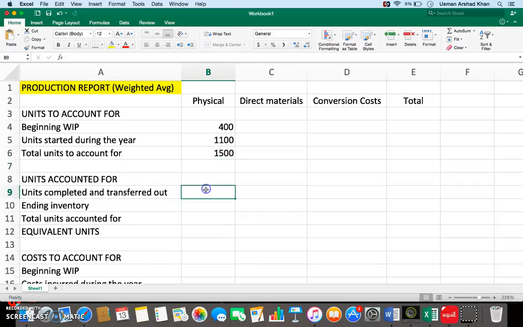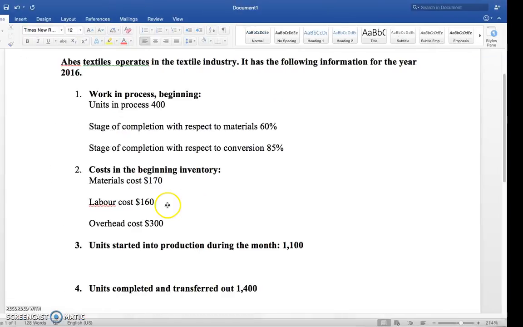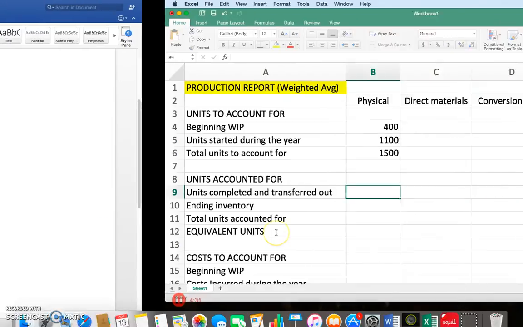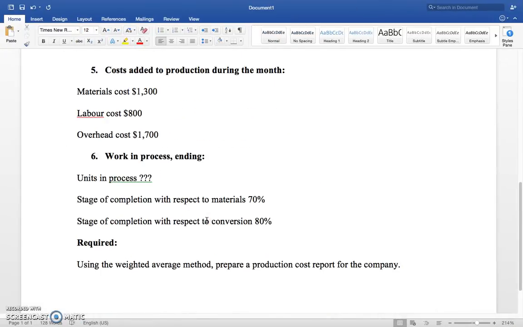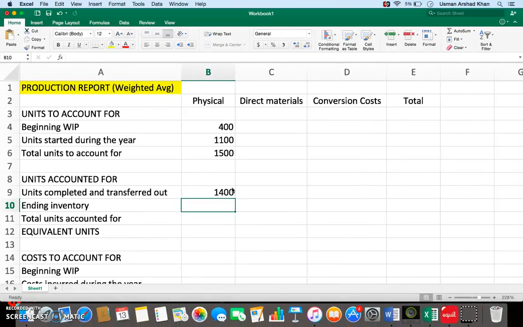Remember that. For units accounted for, we start off with units completed and transferred out, which is 1400. But in this question specifically, I haven't given the ending inventory. See, it's a question mark. So what would I do? I'm simply going to take the 1500 from here and plug it here since they have to be the same.